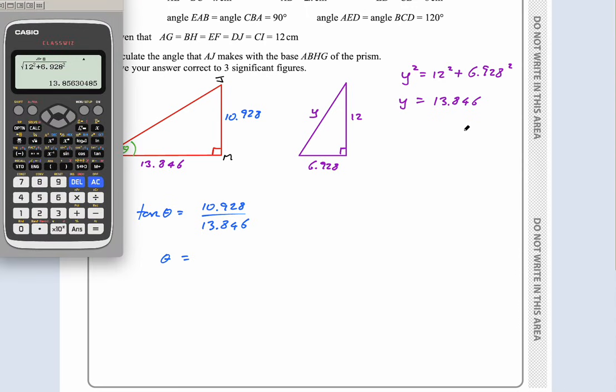I really hope I'm right, guys. Inverse tan of 10.928 over 13.846, close bracket, 38.28. Yes, that is correct. Nice. 38.28. Note, guys, how I don't round a lot until the end.